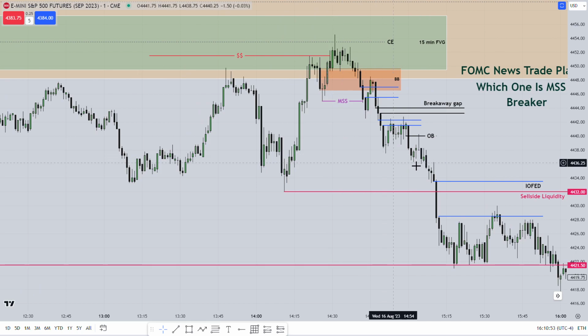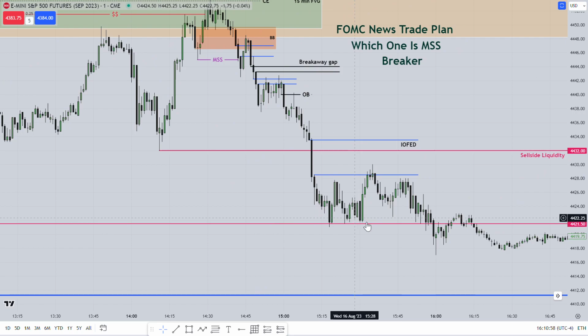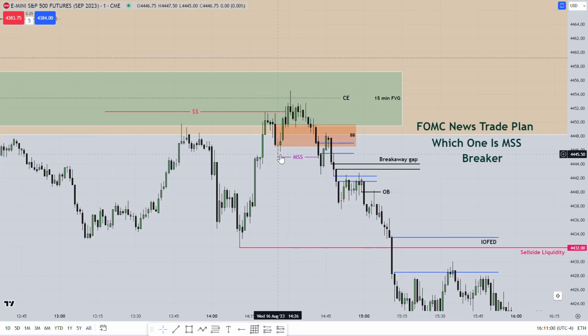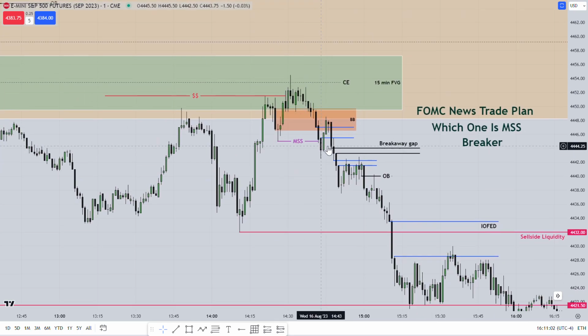Okay, let me give another example so that you will understand. Oh, one more thing. If your bias is bearish, then this is a shift in market structure. Otherwise, it's not a valid shift in market structure. Don't be confused. If I was bullish for the day, this wouldn't be a market structure shift for me.